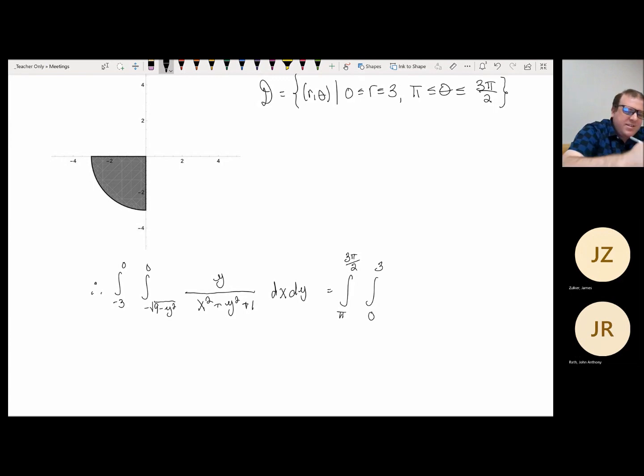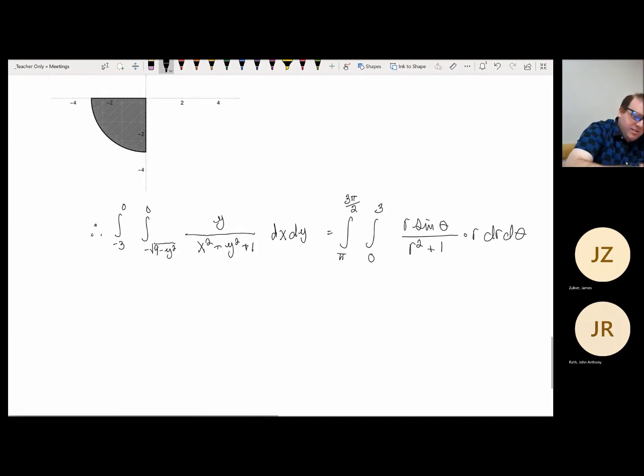Right, now I have to rewrite the integrand. R sine theta over r squared plus 1 times r dr d theta. For the sake of time, that winds up being inverse tangent of 3 minus 3.